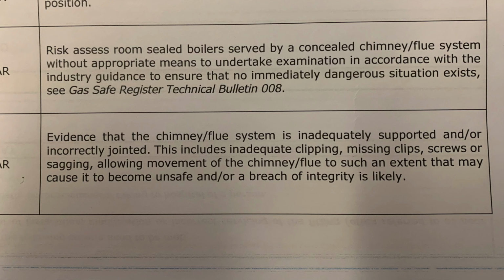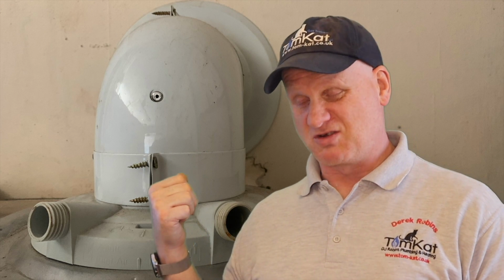This includes inadequate clipping, missing clips, screws or sagging, allowing movement of the chimney flue to such an extent that it may become unsafe and/or breach of integrity is likely. So using the wrong screws and screws missing, you could at-risk it as well.